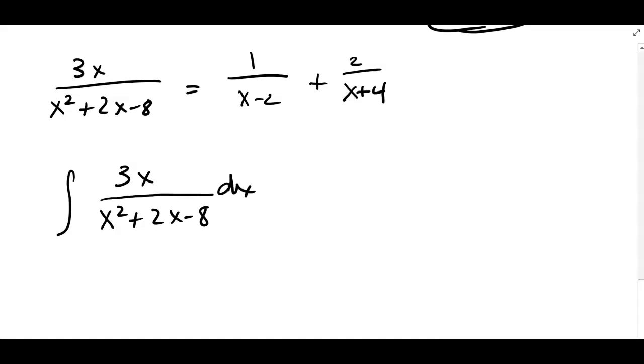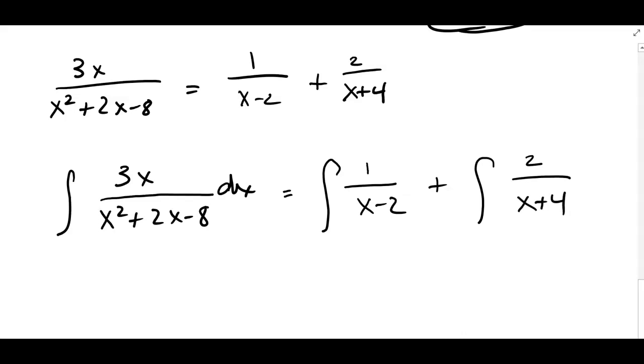If you recall, there was one in 8.1 where we did a whole bunch of work to solve an integral. This one's a little bit more straightforward. By breaking it up, I now have the integral of 1 over x minus 2, and we can even separate it into two integrals over the integral of 2 over x plus 4.